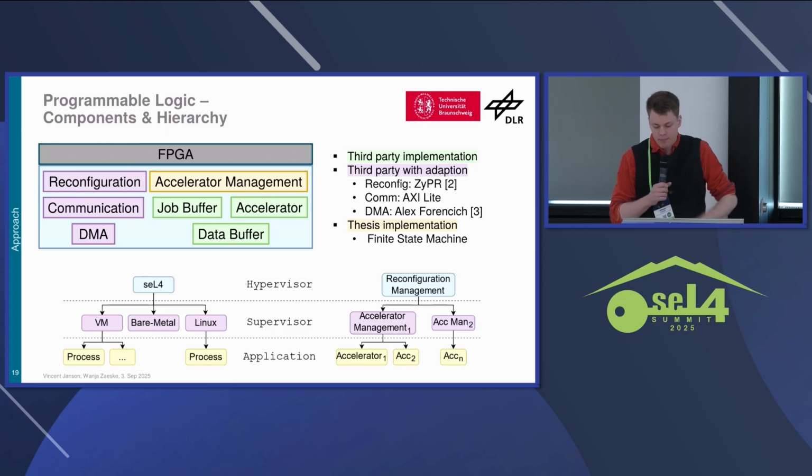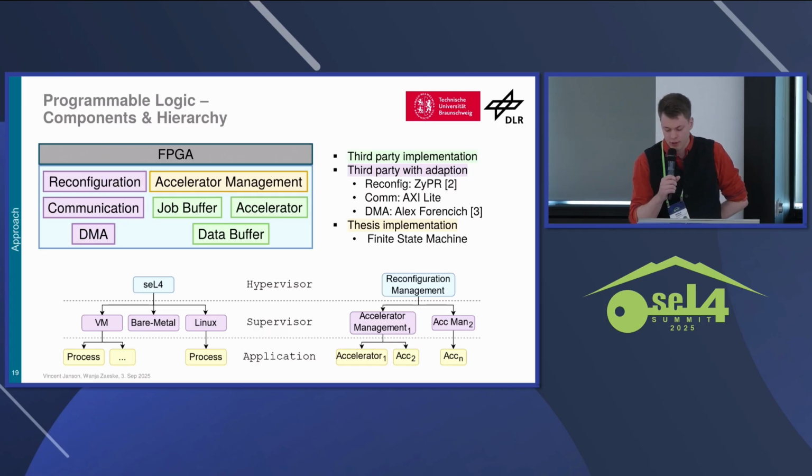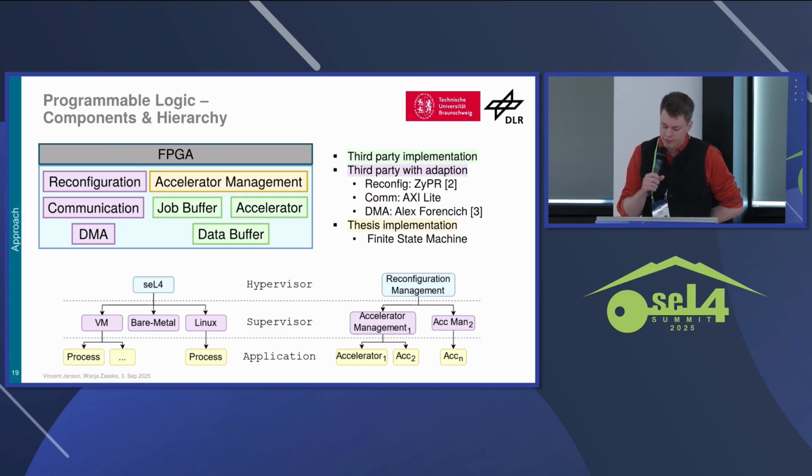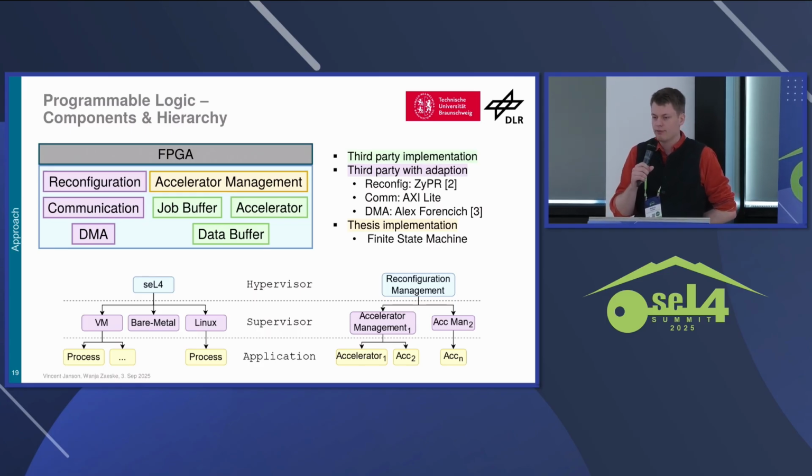So with the implementation constraints and some of the rough ideas out of the way, these are the building blocks that needed to be integrated for the demonstration and for the implementation of the final concept. Luckily, we found quite a lot of already existing blocks that we could rely on. These are marked green here.